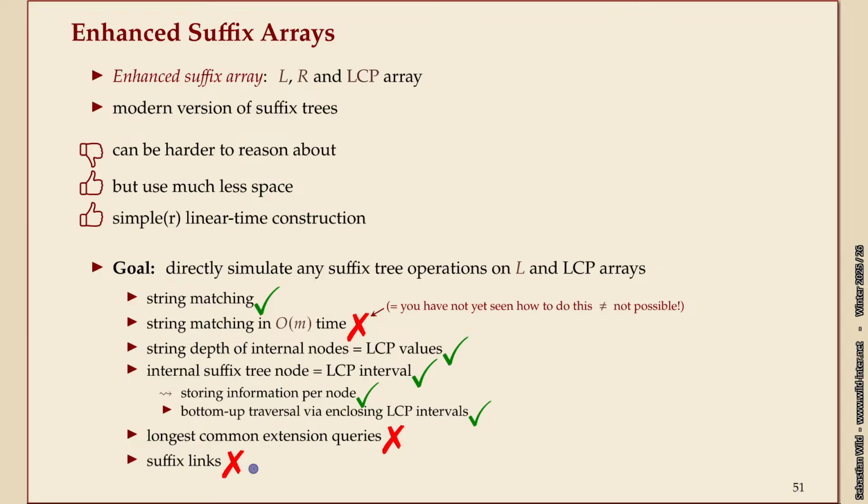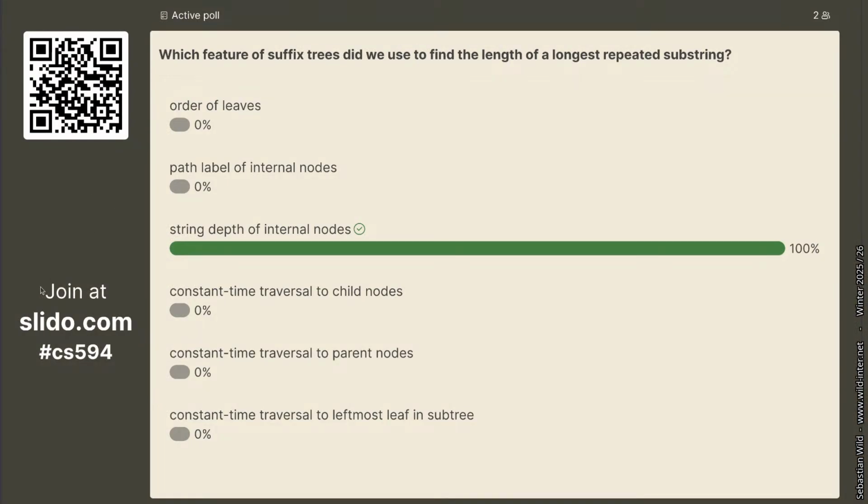And we haven't talked about it for suffix arrays, but these are easy. The main open one is this one and the matching time. Okay, that's all for the suffix trees that we're done with.